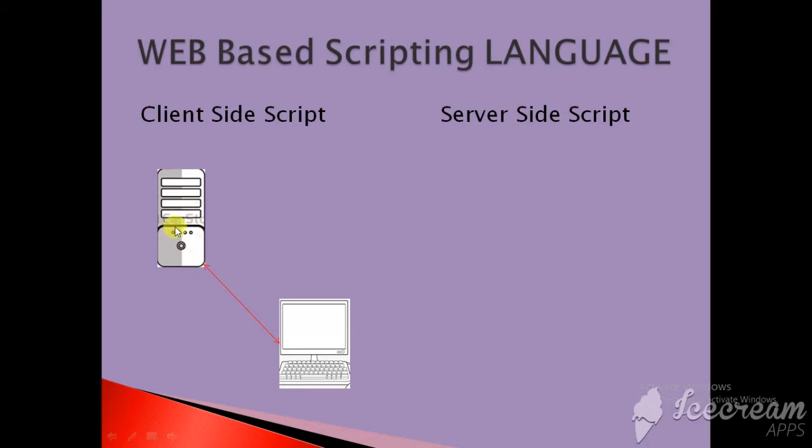The server will see if any client-side script is there, and if it is there, it will provide it back to your browser, the browser first loads it, and then it will be shown according to the request of the visitor.